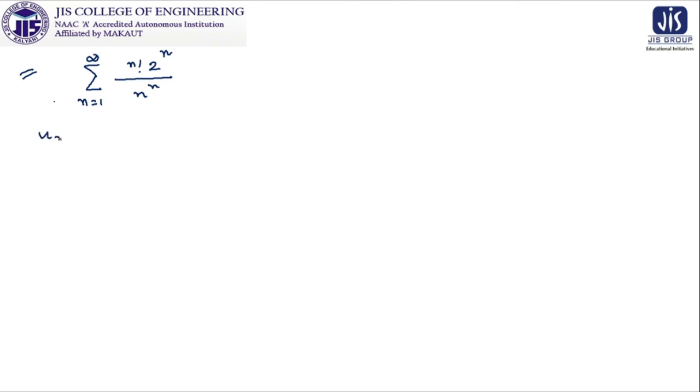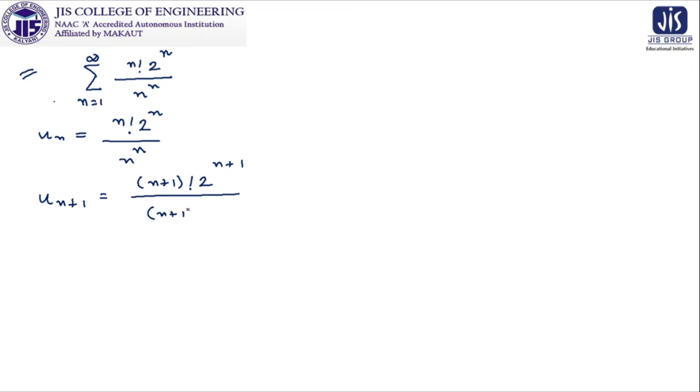Here we get our Un, that means the nth term, as n factorial 2 to the power n by n to the power n. So if we are interested in using ratio test, we need Un plus 1, and Un plus 1 will be just putting n plus 1 in the position of n, and we will get the expression of Un plus 1.